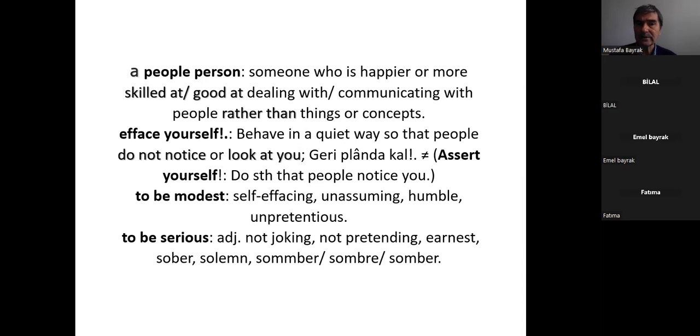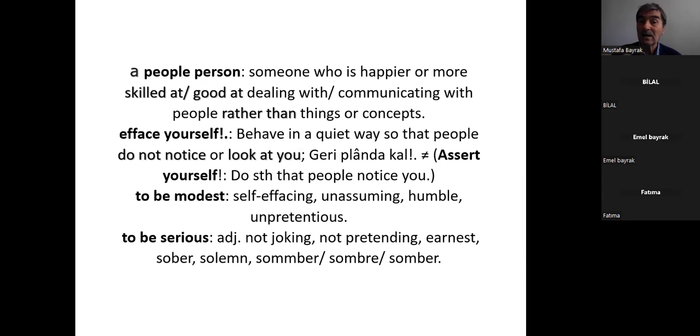Okay. To be modest, self-effacing, unassuming, humble. To be humble. Yes, it's exactly the same. Especially humble is a synonym for modest. Unpretentious, a beautiful quality. Yes, a modest person is also unpretentious.